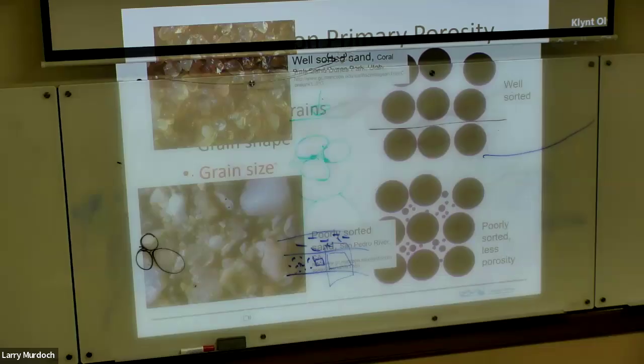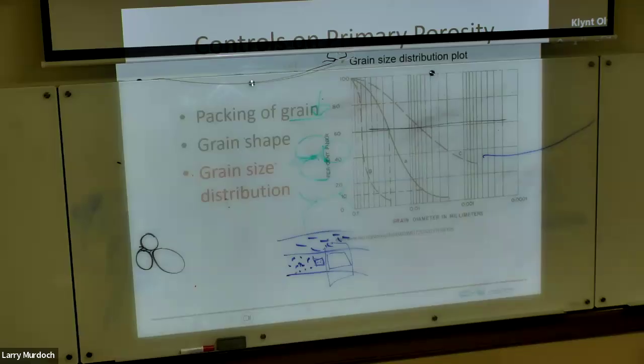So here's an example of clean, well-sorted sand, and here's more poorly sorted, some big grains and some smaller grains in between. We can describe that with grain size distribution.